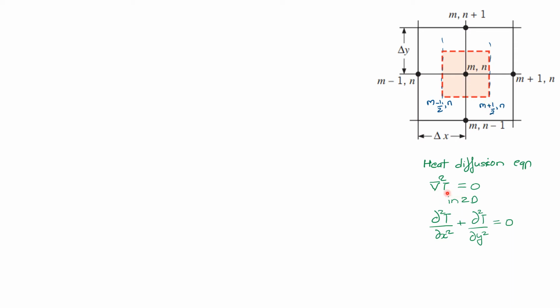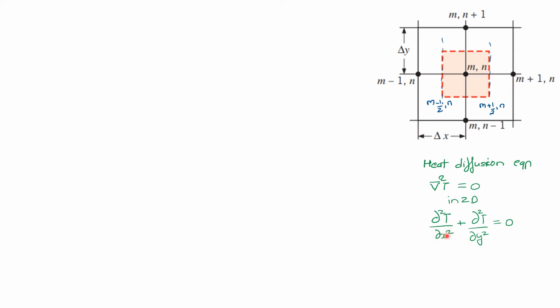This del square T equals 0 translates to del square T by del x square plus del square T by del y square equals 0. So we have our temperature varying in the x and y direction, and it's second order.